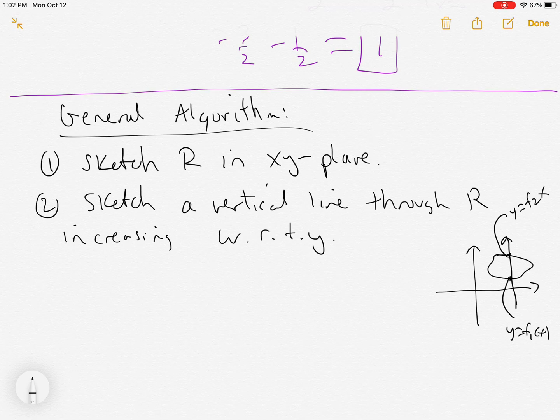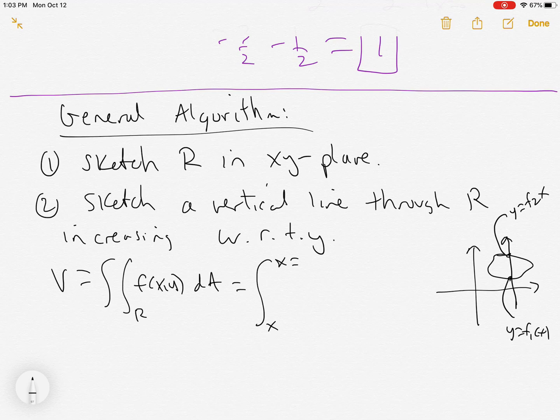And so the volume is going to be the integral where X goes from some constant A to B, and Y goes from F1 of X to F2 of X, and we go F of XY dy dx.